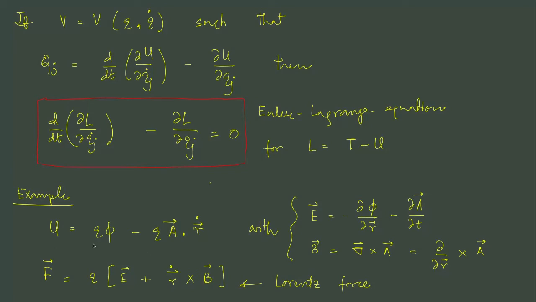For this potential, we can calculate the electric field to be negative gradient of the scalar potential minus del del t of the vector potential. And the magnetic field is simply the curl of A, which in our notation is del R cross product with A. So in terms of E and B, the force is Q E plus R dot R cross B. So this is the Lorentz force.